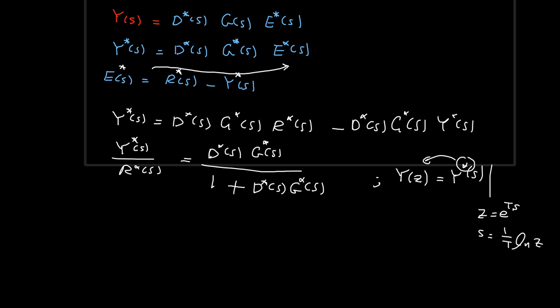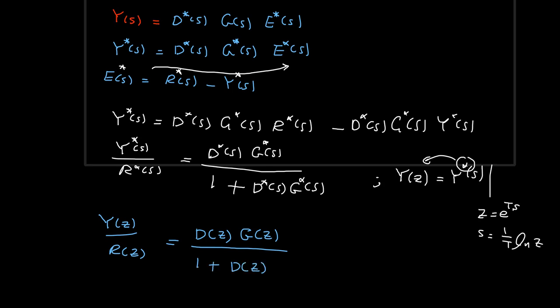So now we can write y of z over r of z, which will equal d of z, g of z over 1 plus d of z, g of z. Now we have this one. We need to calculate g of z.